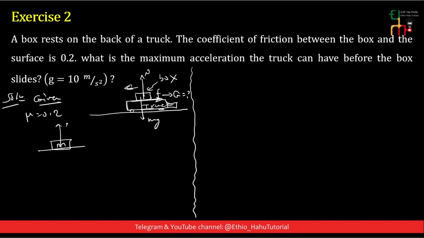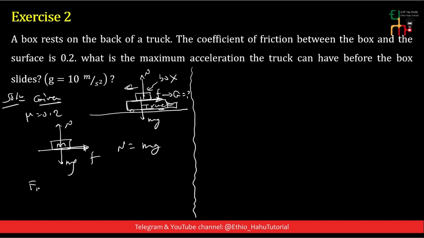Here we have normal force, gravitational force, and frictional force acting on the box because the box starts to slide to the left. That's why the frictional force is to the right. Normal force is the same as gravitational force, but the frictional force is the only net force acting on the box.